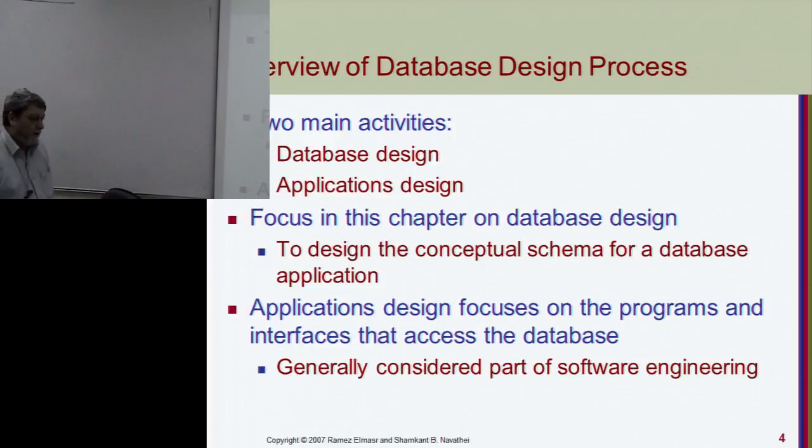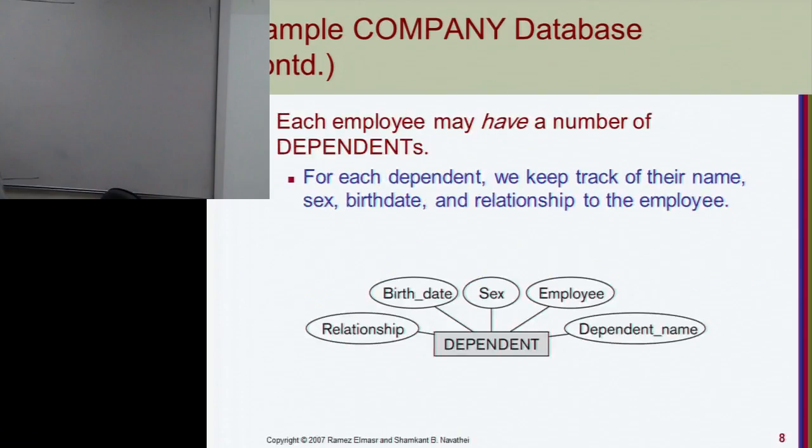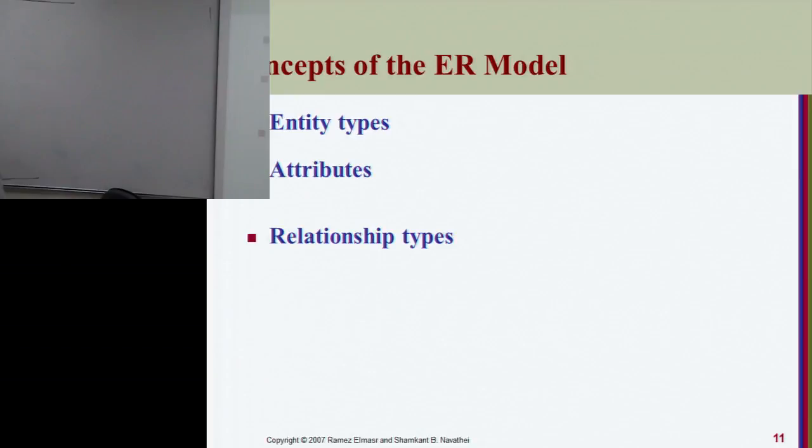We said that ERD is a language. It's a language like any other language, has its own vocabulary. The vocabulary of ERD is composed of entities, or let's call it entity types, attributes for these entity types, and relationships, or actually let's call them relationship types.